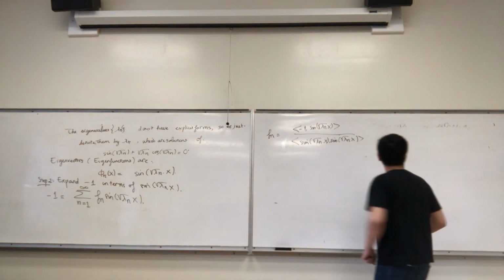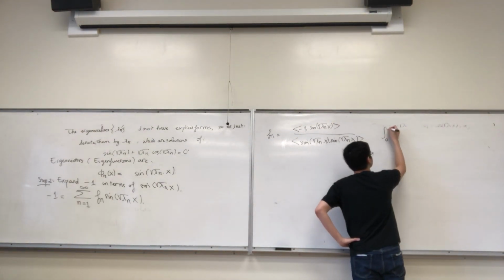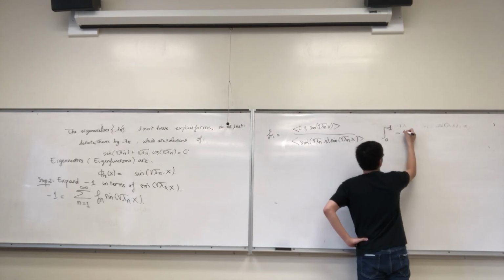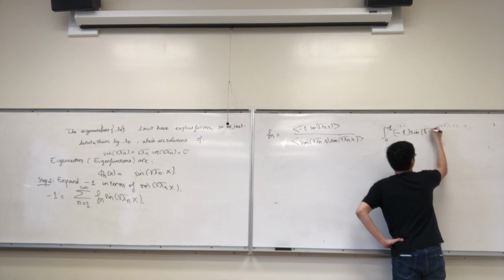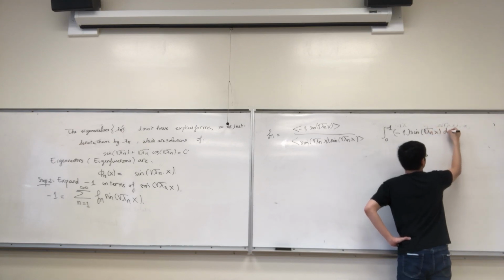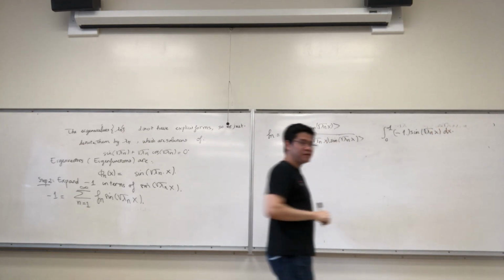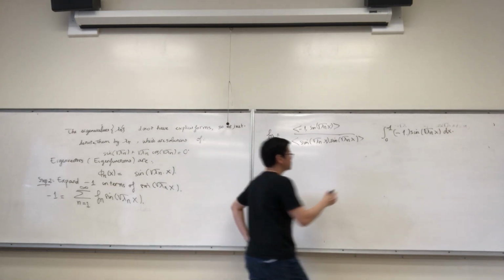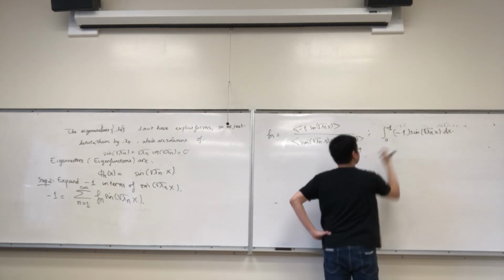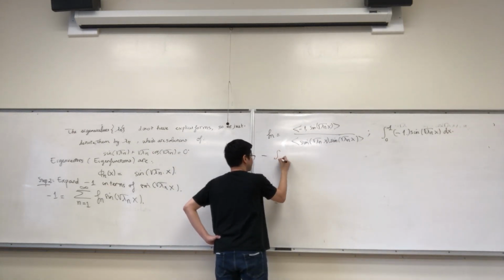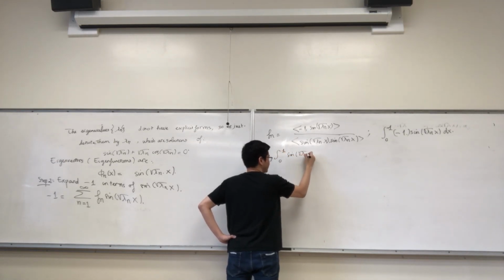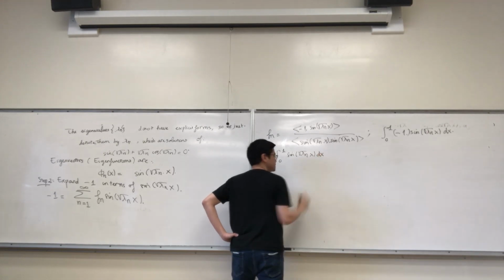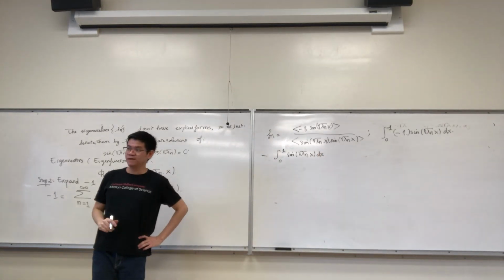So now I have to compute that, right? So I have the integral from 0 to 1 of minus 1 times sine of square root of lambda n x dx. Alright, so what is it? So this is the first integral, the inner product of minus 1 and sine. I'm going to move the minus outside, so I have the integral from 0 to 1 of sine of square root of lambda n x dx. Alright? It's clear?